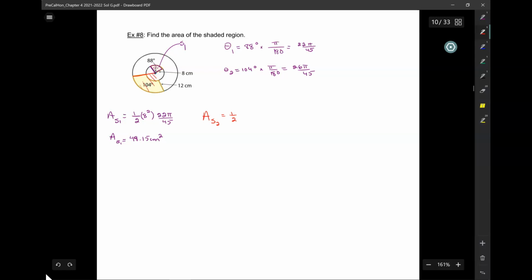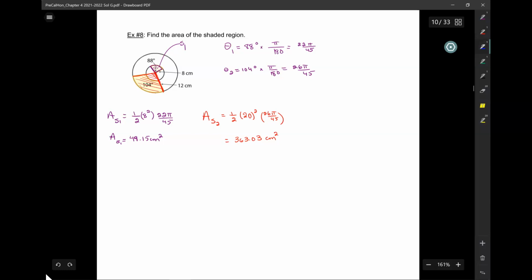Well, this part is 12 plus another 8, so that whole thing is 20. So half 20 squared times the bigger angle. And that is 363.03 centimeters squared.